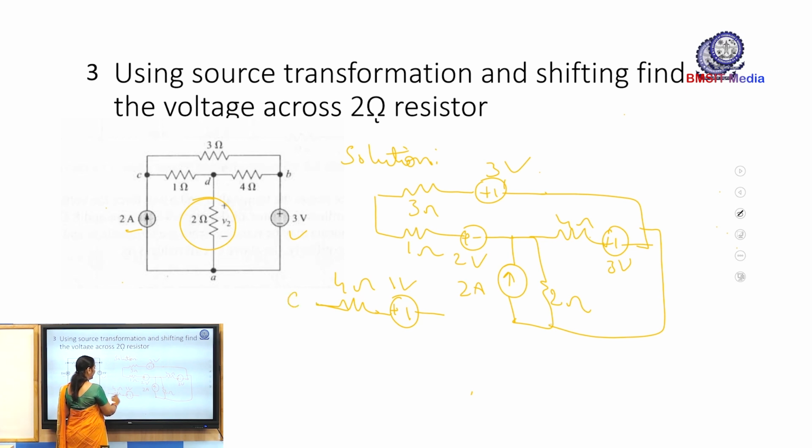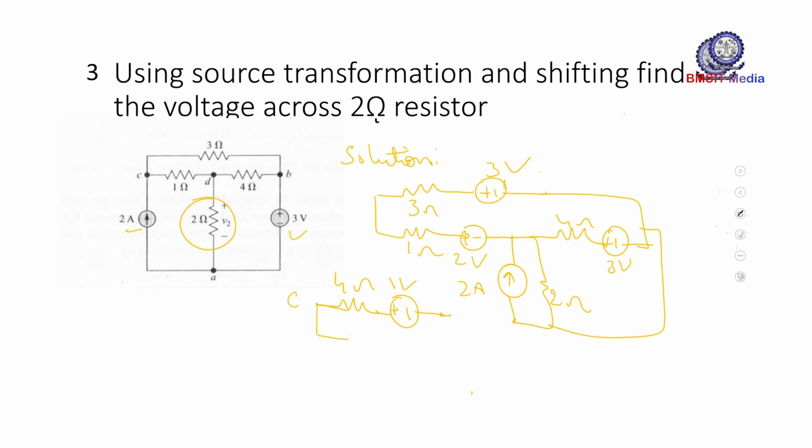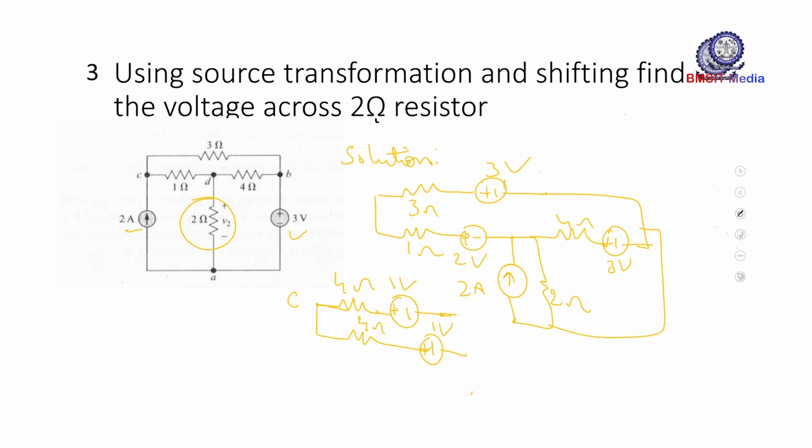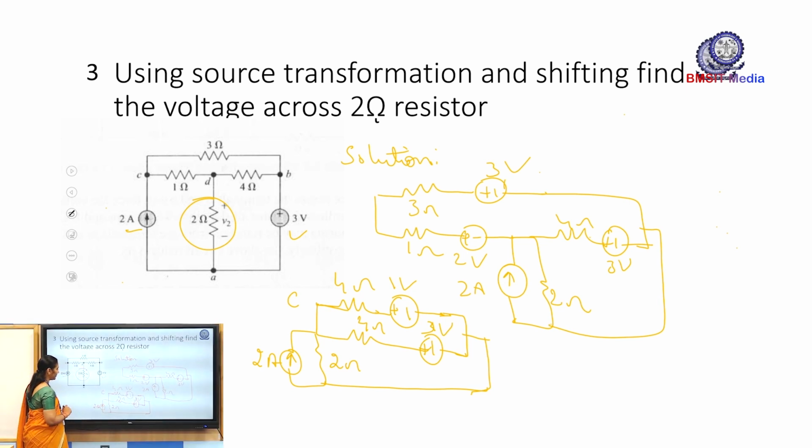This is at the C. This also, the source is transformed into a voltage source. So the circuit is reduced as follows.